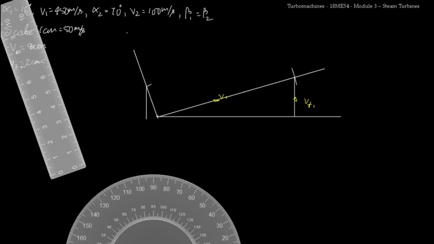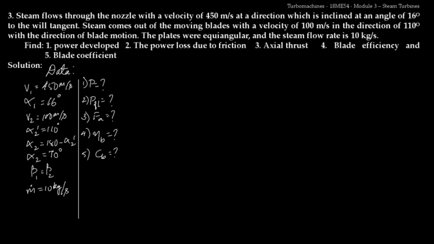Then I'll complete this triangle. Now this is VF2 and this is V2. Now with the help of this we'll be able to find out delta VU and delta VF. If those two are the only required parameters, then we don't have to worry about further construction.